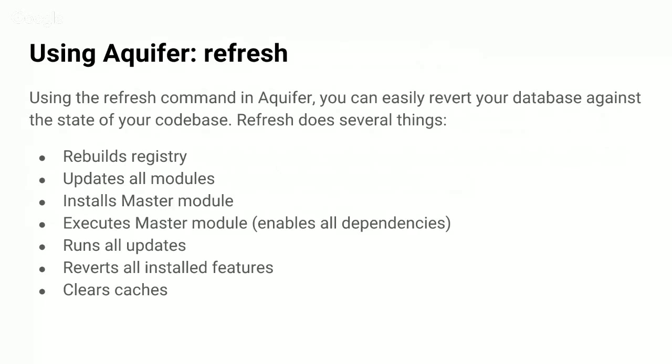So that will basically effectively take your database and make it obey the code base and revert it against the configuration that you've set in your project, and keep the database from veering off into some other thing. So, if you define something in a code base and then you revert features, it won't be there anymore if it's not in the feature. So it kind of keeps the code base and the database tightly paired together so you know exactly what your project is and what it's doing.